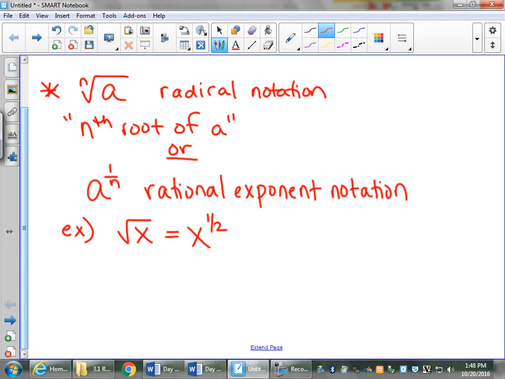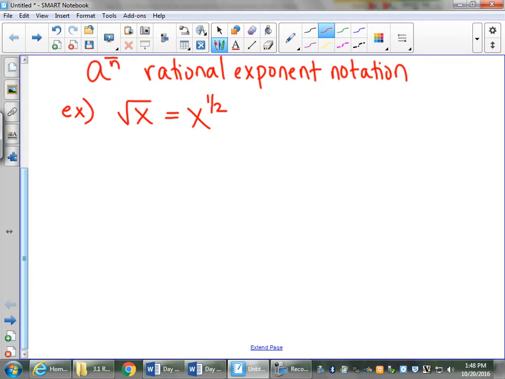Sometimes the numerator is not always going to be a 1, so I could also give it to you in this format. So if I had nth root of a to the m. If we were to rewrite this into rational exponent notation, we could use our properties of exponents by rewriting it as an exponent and using some of those properties.